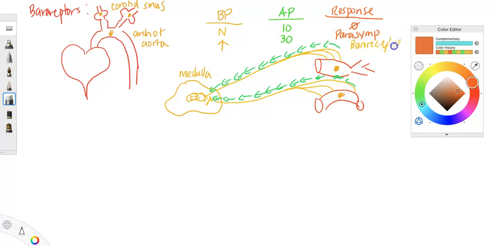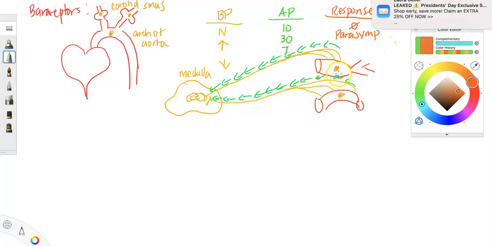I'm going to erase this right here. Okay. Let's say the number of action potentials is down. The blood pressure is down. So the number of action potentials, let's say, is 7. Who responds? The response would be sympathetic.